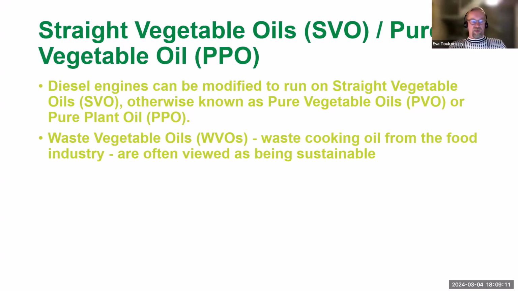Modern engines need engine modification so that they can burn or run with these vegetable oils, but in principle these can work as fuels in certain types of diesel engines.